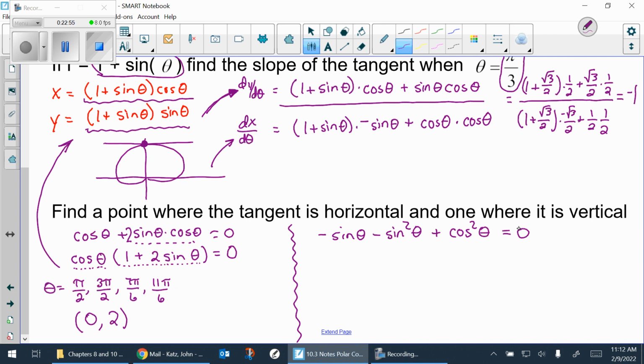So I'm going to have some significant work to do here. I'm going to call this negative sine theta minus sine squared theta plus 1 minus sine squared theta. There's use of that trig identity. I want that to equal 0.